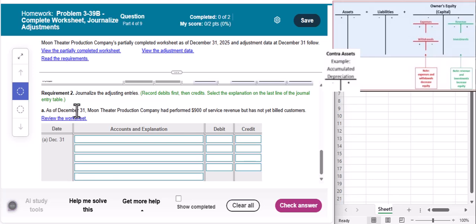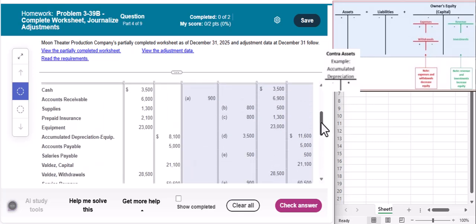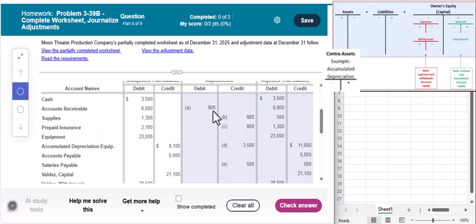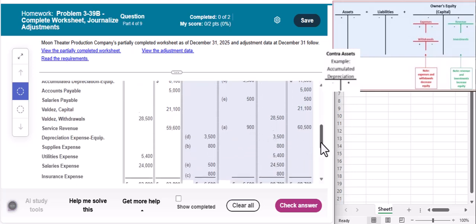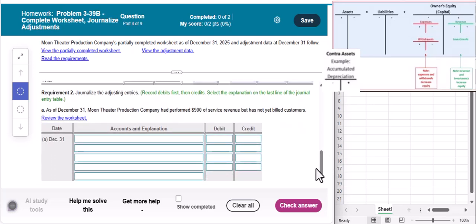So as of December 31st, Moon Theater Production Company had performed $900 worth of service revenue but not yet billed customers. So you'll notice that matches our first transaction up above. So that was A. So again, A, we had accounts receivable for $900, and we also had $900 worth of service revenue. So they're just asking us to journalize that here.